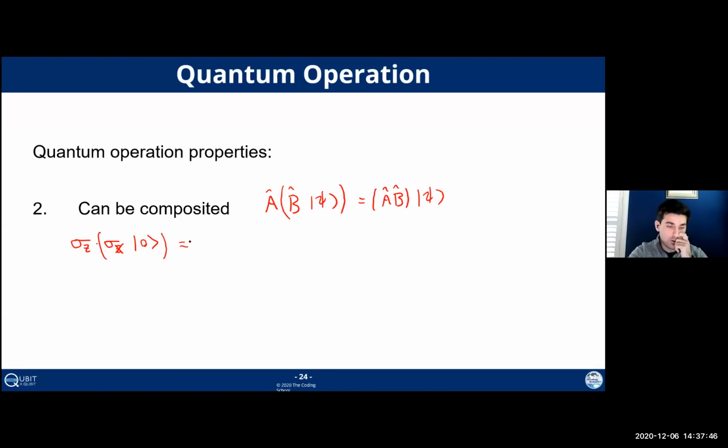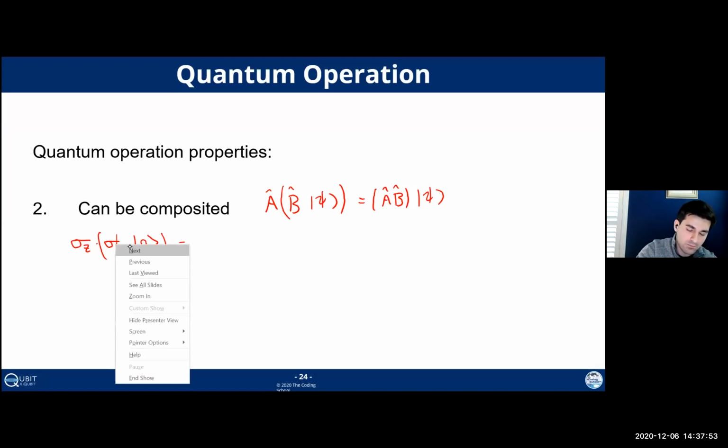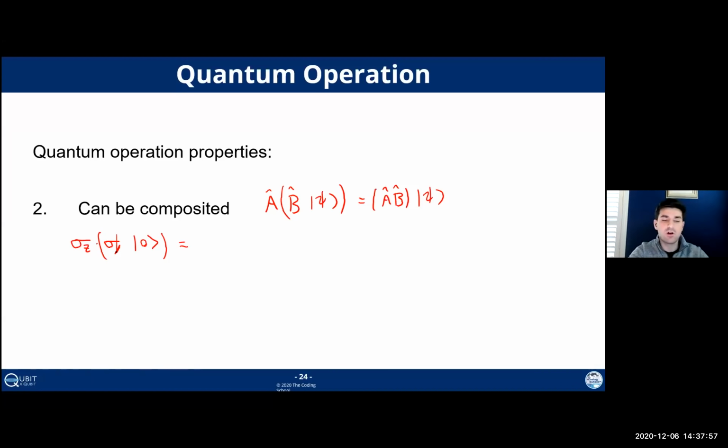If I first apply a Pauli X operator to the zero state, well, Pauli X flips zero, so I get a 1, and I have the Pauli Z left. Then if I apply the Pauli Z operator to this one state, I get a negative 1.